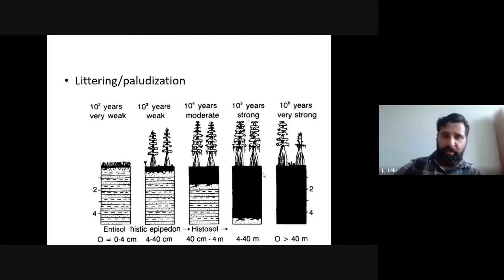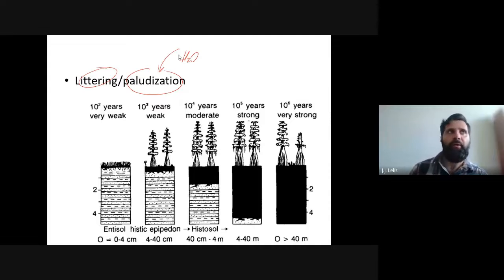And the paludization is faster than the littering, so the accumulation of organic matter in waterlogged areas and areas influenced by water table or by tidal water is faster than in areas that don't have too much water, so cold regions or even dry regions.